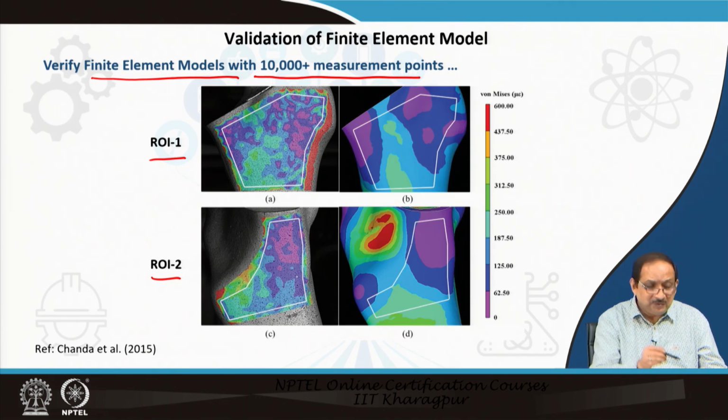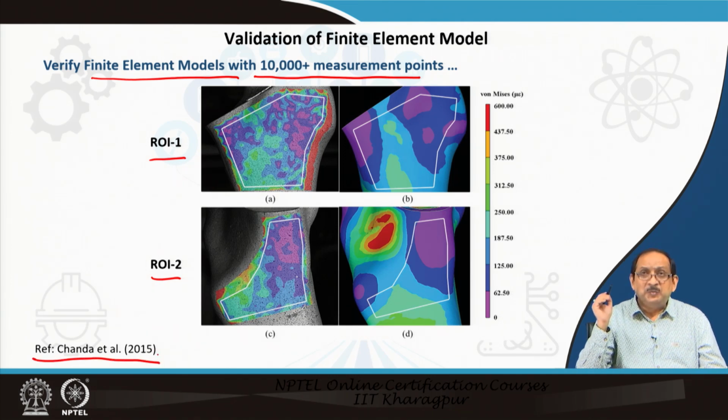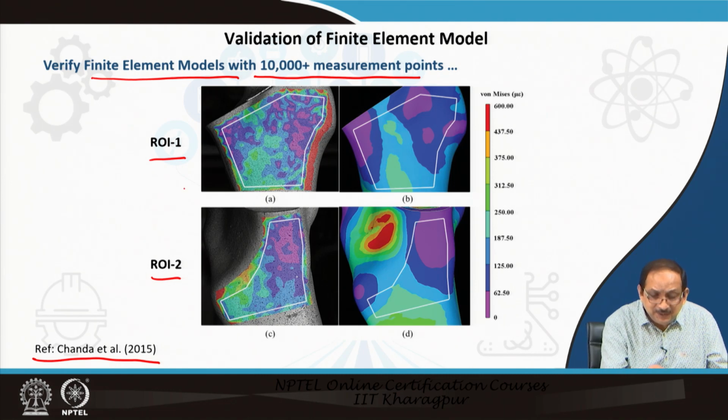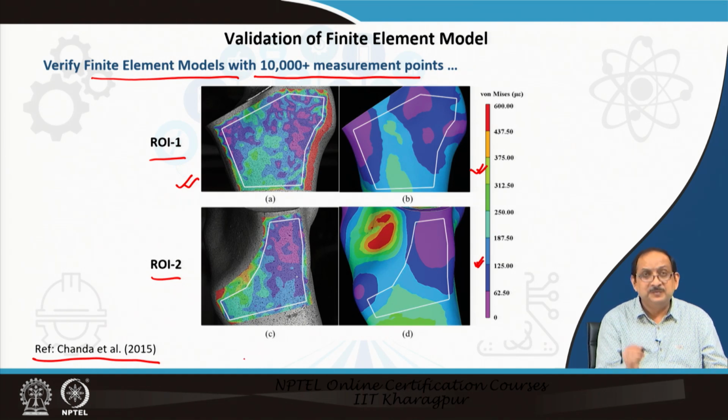You can refer to the paper by one of my PhD students, Shobtik Chandra, where he has presented the whole work in much more detail. In both regions of interest, you can see very clearly that the DIC measured strain is very well comparable to the FE predicted strains.